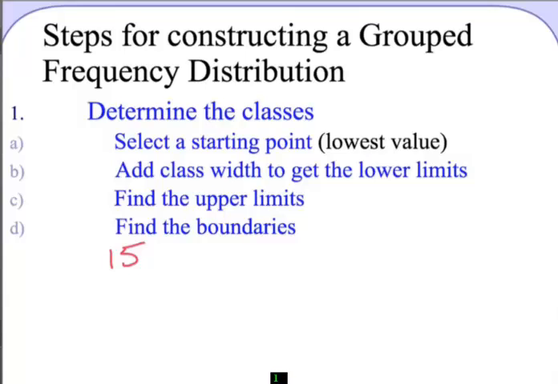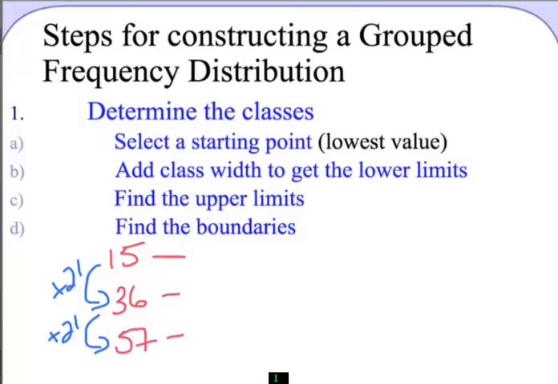So I start with the 15 being my lower limit, and then I'm going to add 21 down, and I'll get 36. From there I can again add 21 down, and I get 57. These are all lower limits that I'm looking at. And I do that until I get 6 lower limits because I wanted 6 classes to begin with.